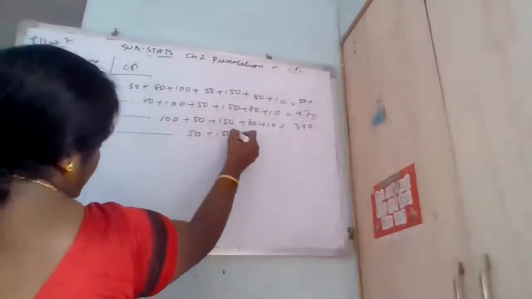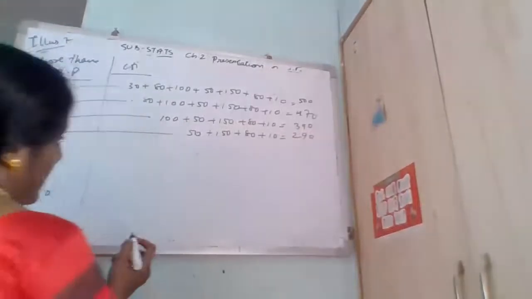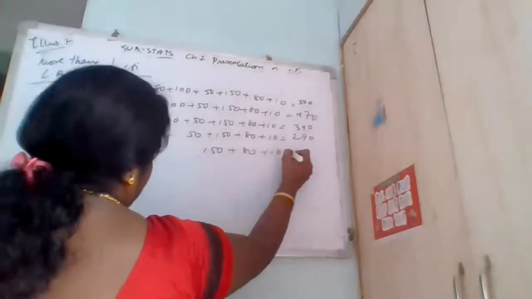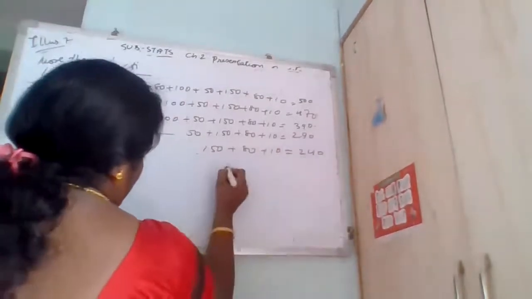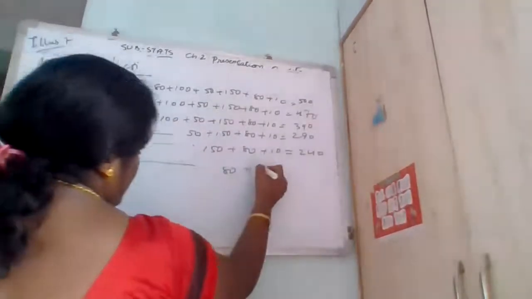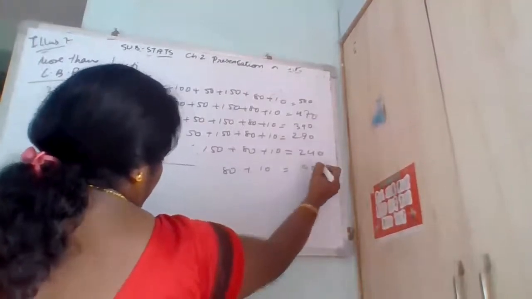Then 50 plus 150 plus 80 plus 10, 290. Then 150 plus 80 plus 10, 240. 80 plus 10, 90.